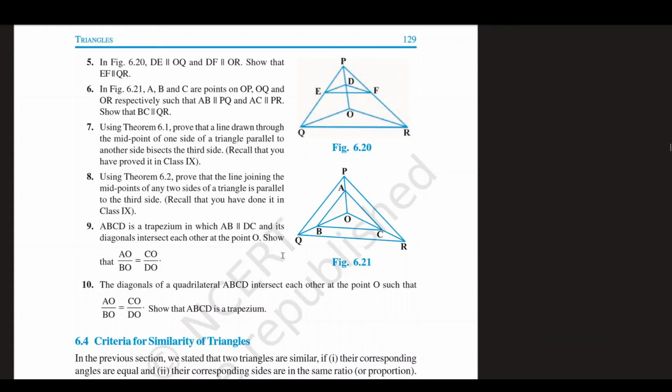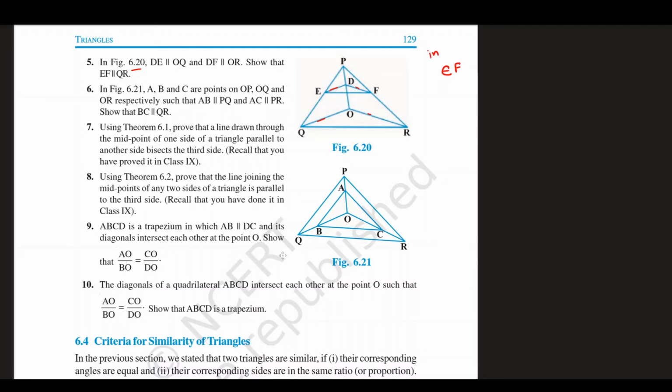Now we move on to question number 5. In figure 6.2, DE is parallel to OQ, and DF is parallel to OR. Show that EF is parallel to QR.